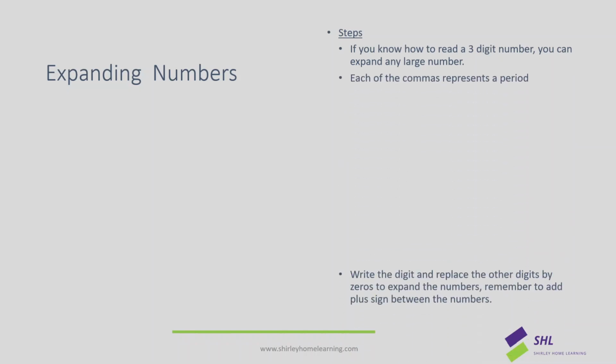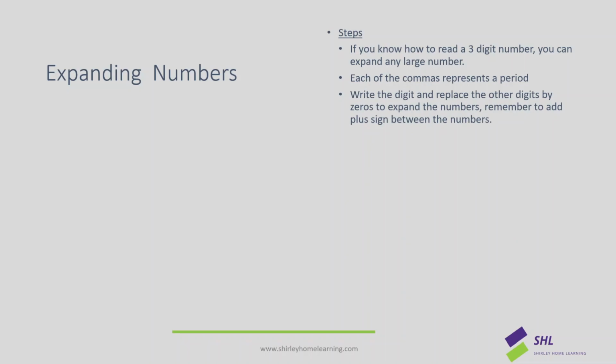So now how do we expand a number? Let's say we want to expand the number 154,267,389. So if you know how to read a number, you should be able to expand it.